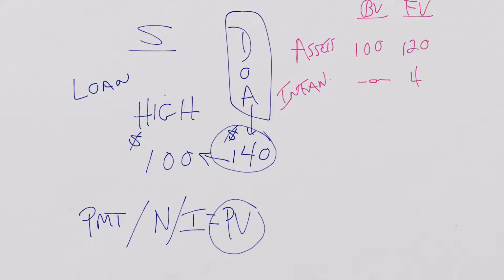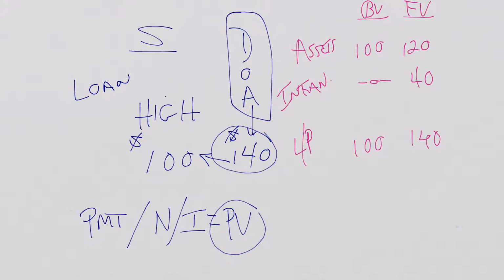It's worth 40. However, with your loans, you got a book value of that, but that's really what it's costing us, 140. So this is what we're going to pay you. We got 20 there above your book value. We're going to pay you above your book value plus 20. You got 40 here above your book value. We're going to add to your book value plus 40.